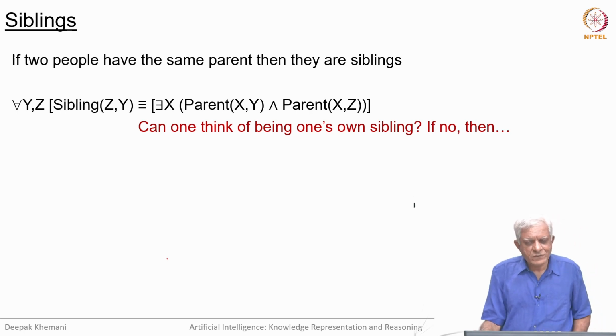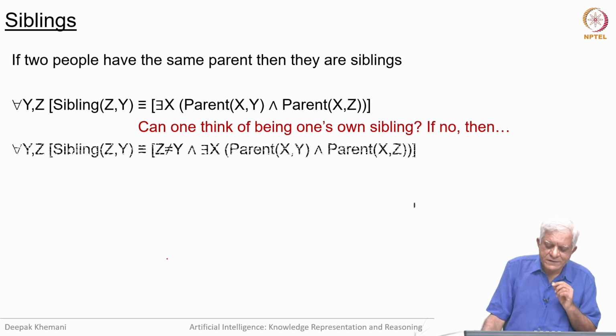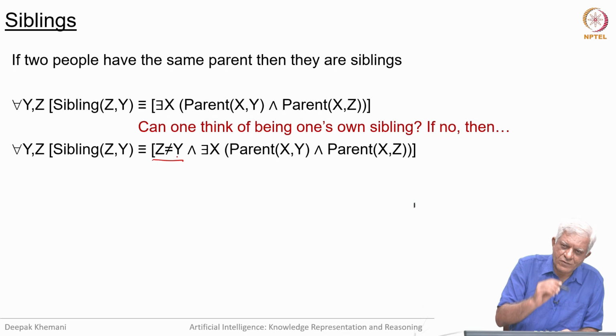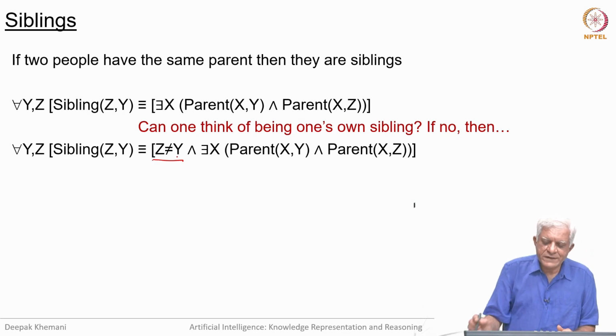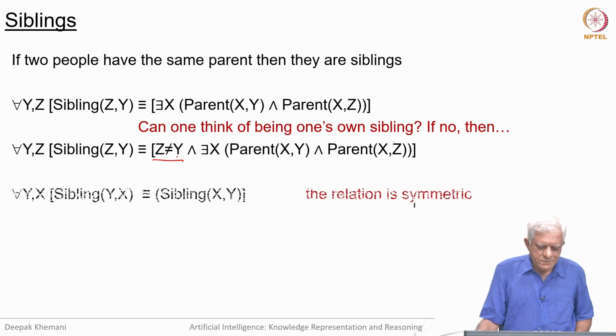So, if you do not want to be able to infer that in your knowledge base, then you must add another clause to that, which is that z is a sibling of y if z is not equal to y and there exists an x such that x is a parent of y and x is a parent of z. So, that would make it more consistent with our notion of what it means to say that one is a sibling.